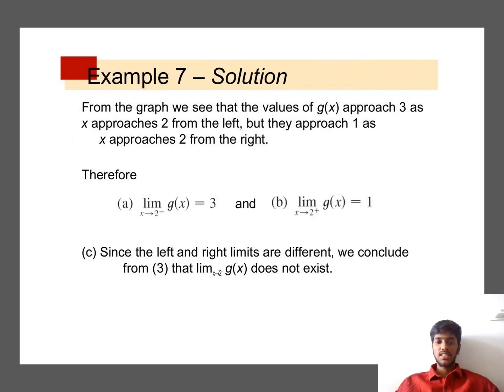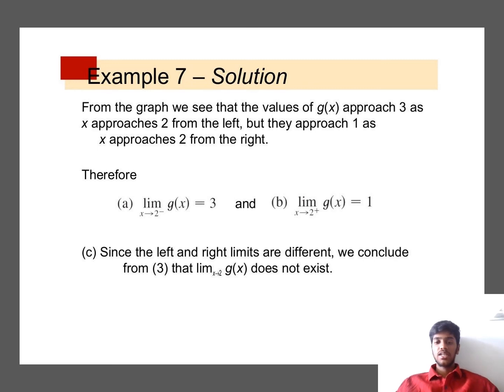Solution for one-sided limit. From the graph, we see that the values of g of x approach 3 as x approaches 2 from the left, but they approach 1 as x approaches 2 from the right. Therefore, A. the limit as x tends to 2 from the left of g of x equals 3, and B. the limit as x tends to 2 from the right of g of x equals 1.